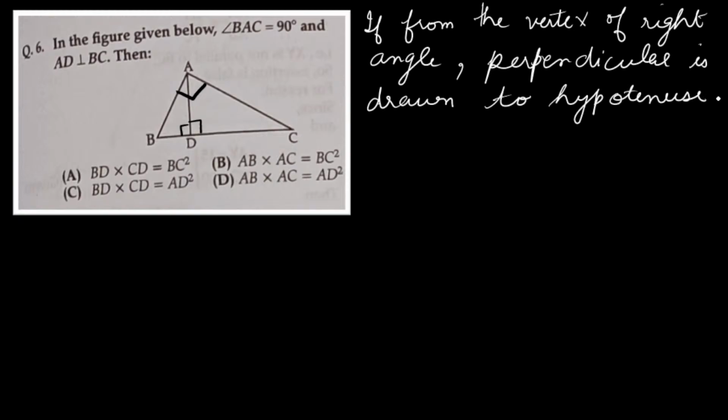This result you can remember. You might have used it in an earlier question, I think in the subjective type also we did, or in some question paper. If from the vertex of the right angle, that means from A, the right angle is A.